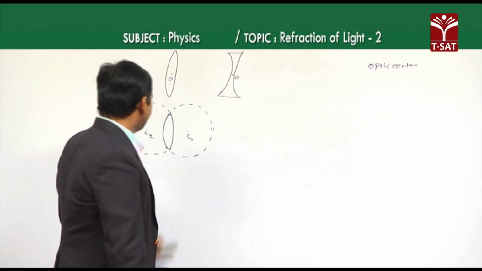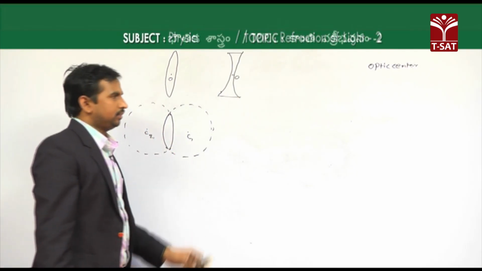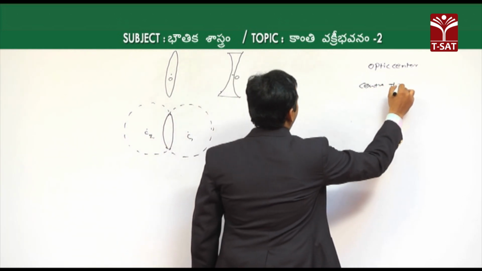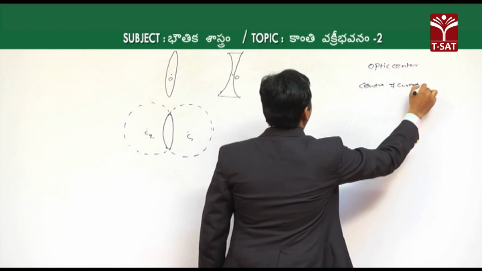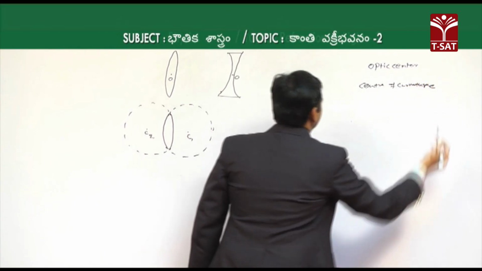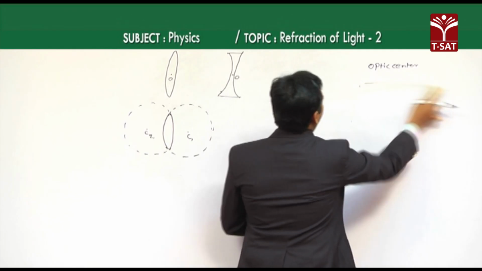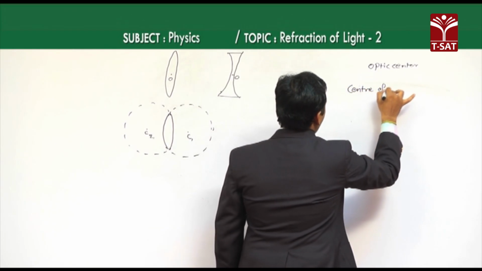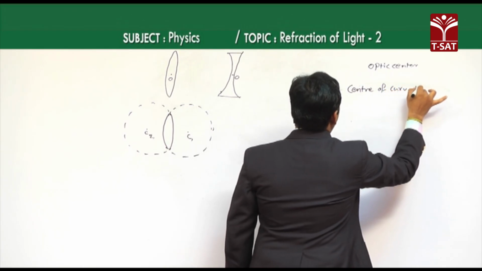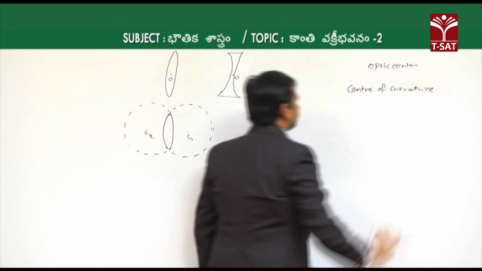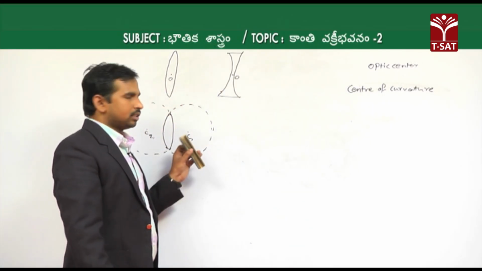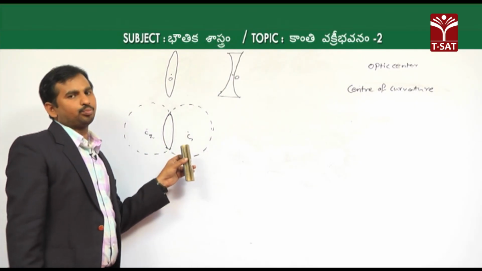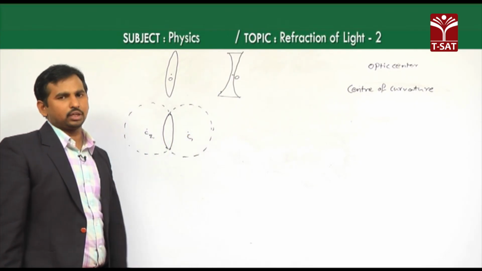The next one is the center of curvature, which is the center of the spherical glass of which our lens is a part.